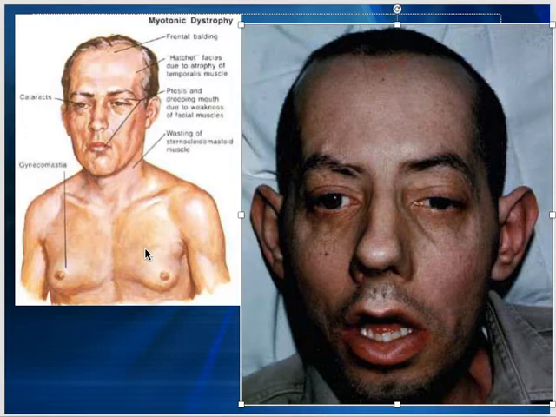Okay, so these are the features. Now, if you want to remember dystrophica myotonica, DM: DM for dystrophica myotonica, DM for diabetes mellitus, DM for cardiomyopathy.